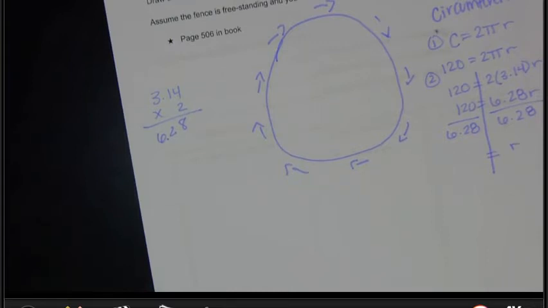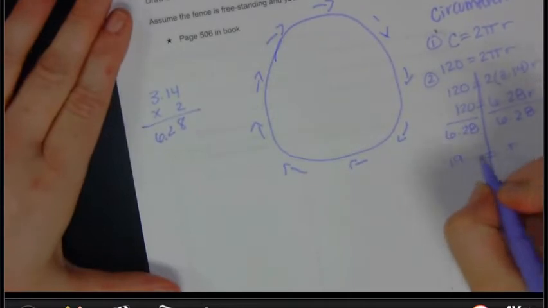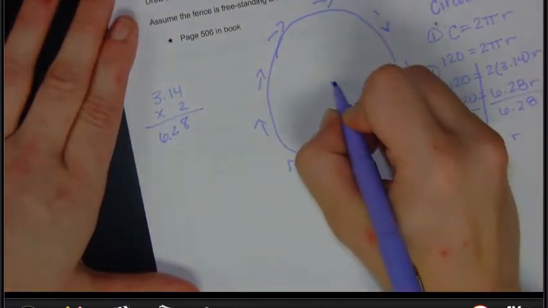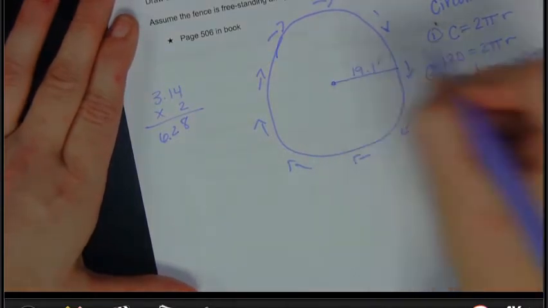I'm going to kind of cheat here and use my calculator, because it's not a nice even number, and I get 19.1. So from the center to any point on the outside, it is 19.1 feet.